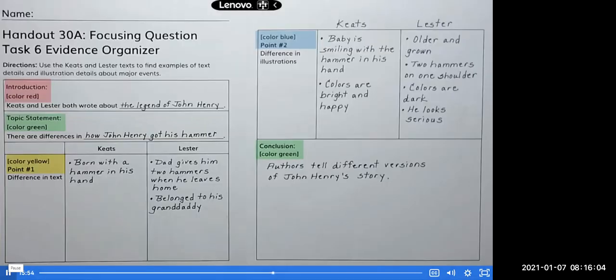In both the Keats version and in the Leicester version, John Henry has a hammer. We're going to use this handout to look at how the authors treated that event differently in each of their versions of John Henry. Here we go.